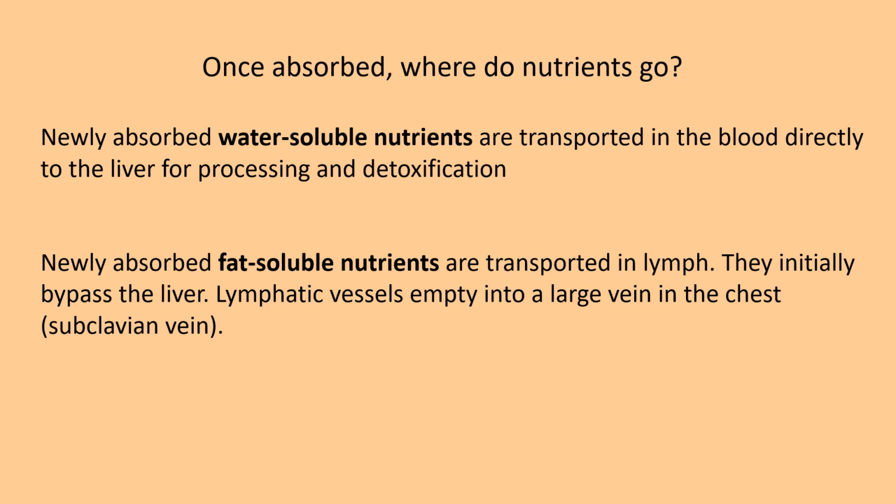And if we're talking about fat-soluble nutrients, those chylomicrons are part of lymph, and that lymph does not pass through the liver necessarily, but it gets filtered by a series of lymph nodes, just like all lymph does. And that lymph will become part of blood plasma as the lymphatic system drains into the subclavian veins.